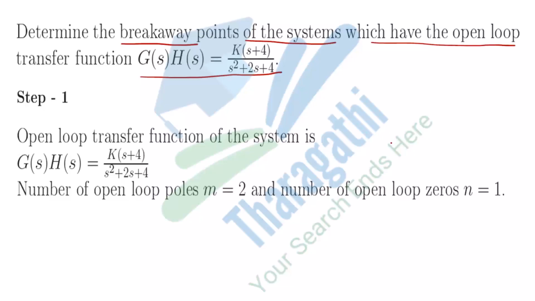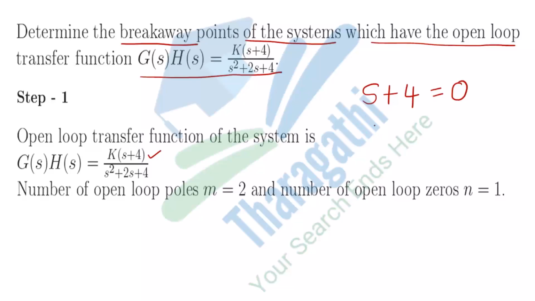To find the breakaway points, first you need to identify the open loop poles and open loop zeros. Open loop zeros are the roots of the numerator polynomial. The numerator polynomial is s + 4. If we equate this to 0, it becomes an equation of degree 1, because the highest power of s is s to the power 1.